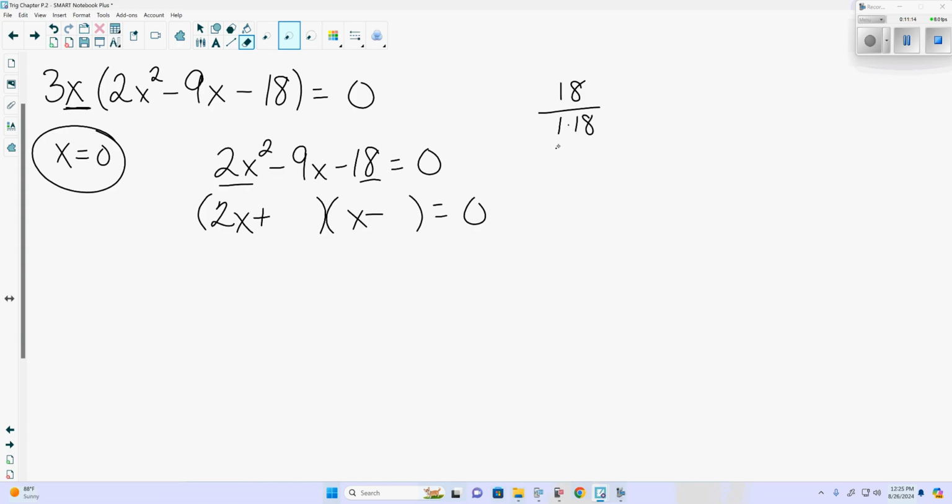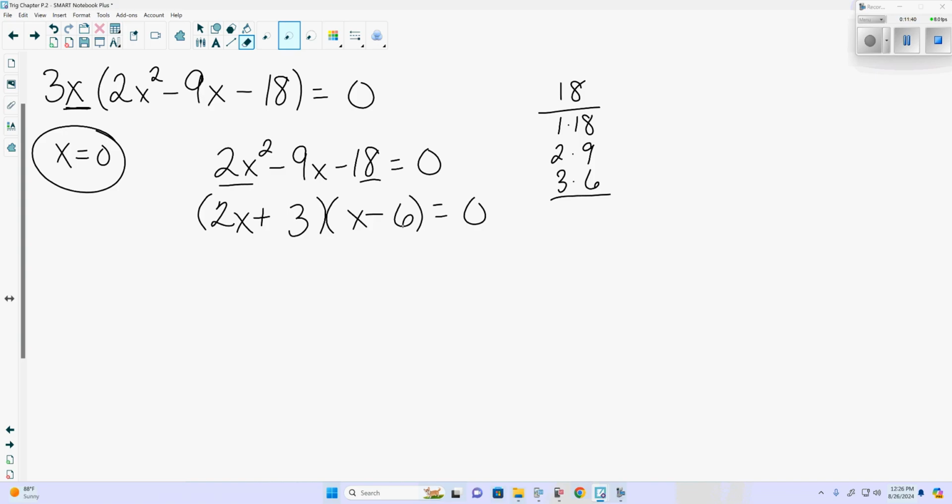Factors of 18, 1 and 18, 2 and 9, 3 and 6, yes? Which one of these three do we want to use? 3 and 6, because we know one of the solutions is what? 6, isn't it? So it's probably going to be those there.